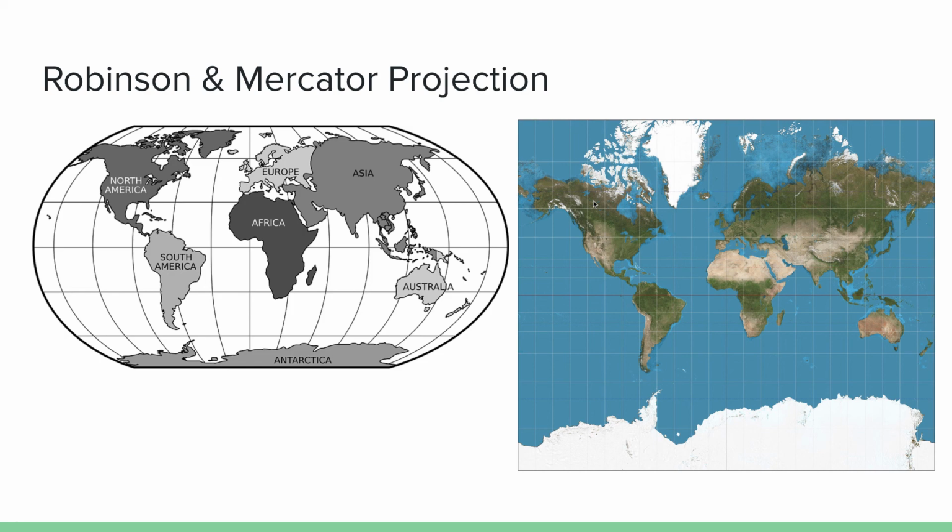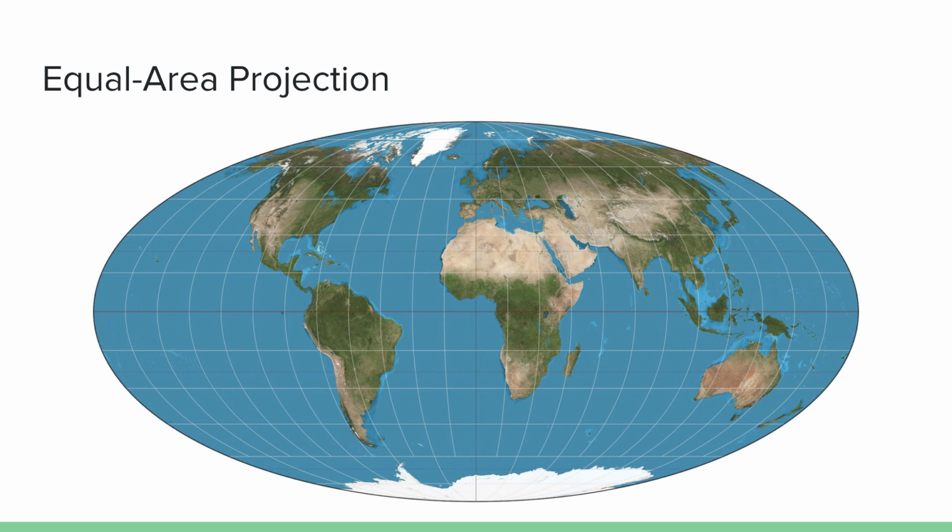And then the next projection is the equal area projection. I like to call this the egg. This is the egg projection, right? So this projection actually shows the correct size of land masses, but their shapes are distorted. So size is good, but it looks a little distorted, right?